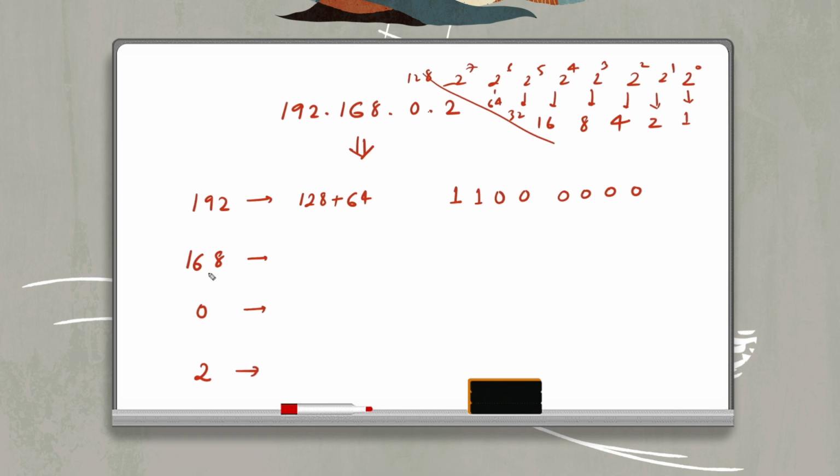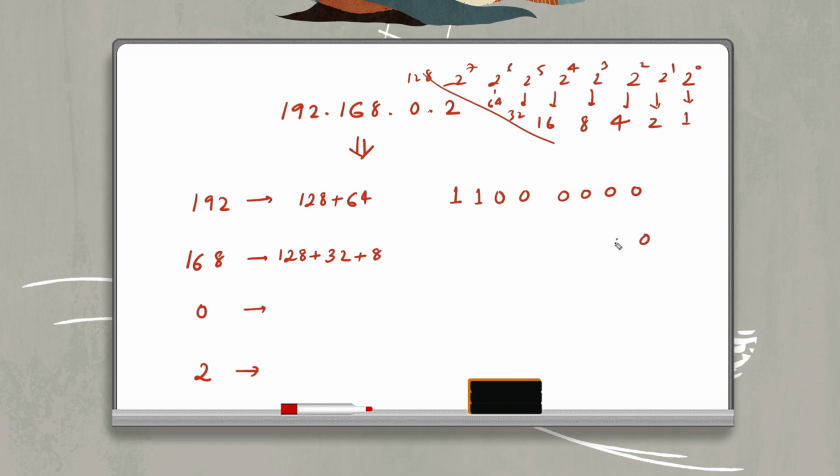Similarly, for 168, what do you need? 128 plus 32 makes 160, and then you need 8.